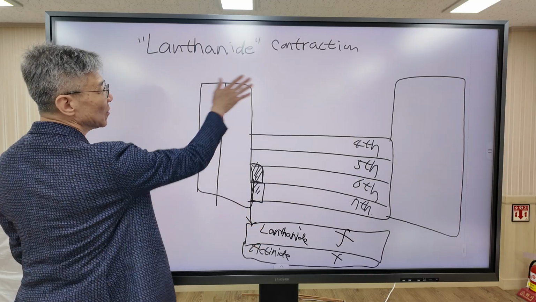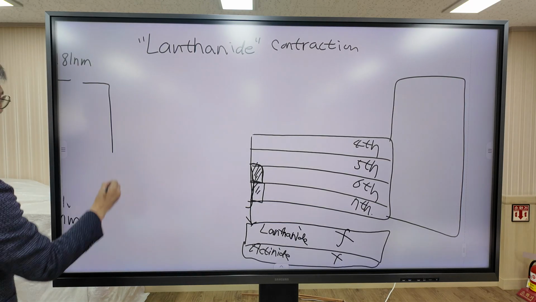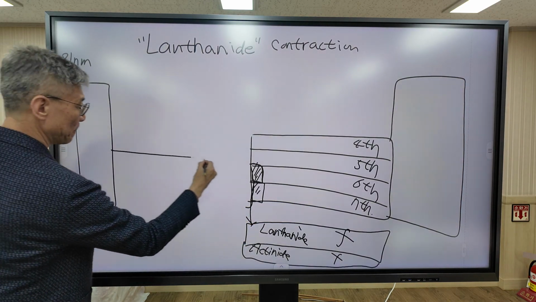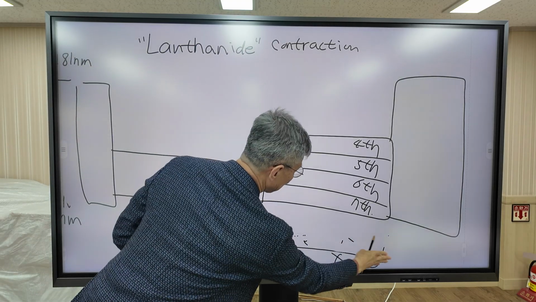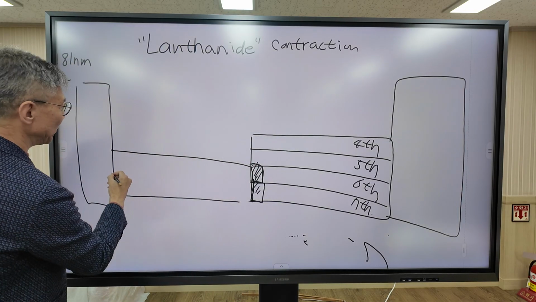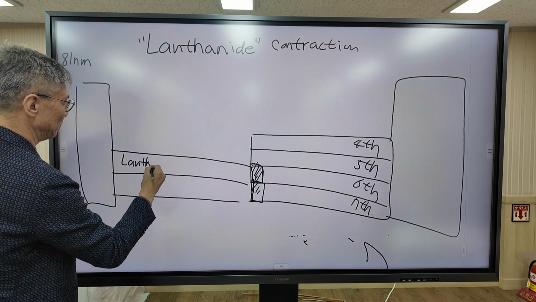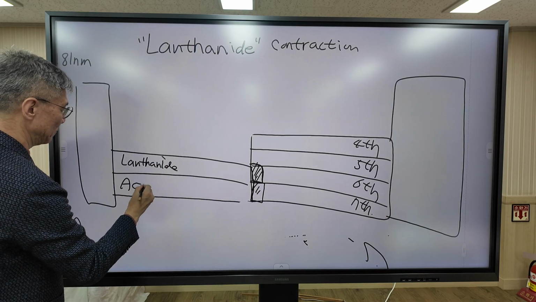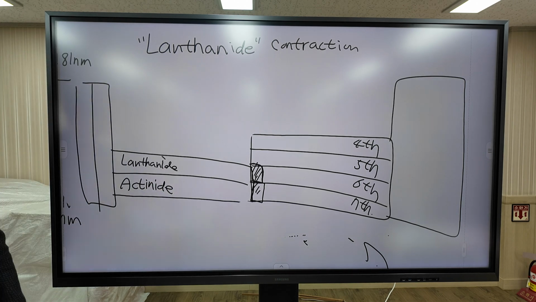In the long-form periodic table, this group moves to here. Special space is allocated. This is the long-form periodic table.